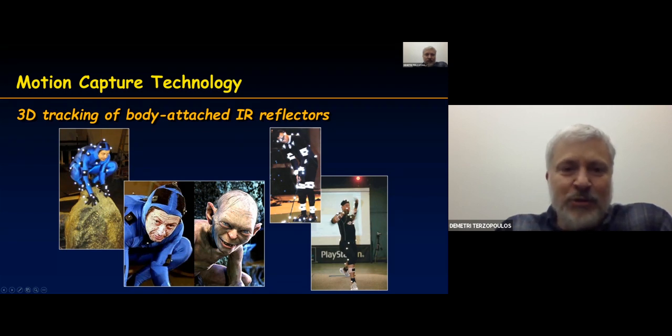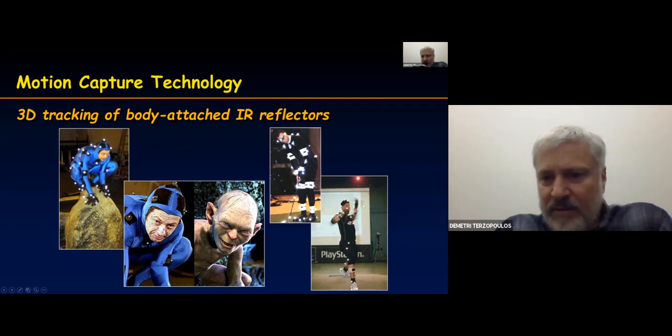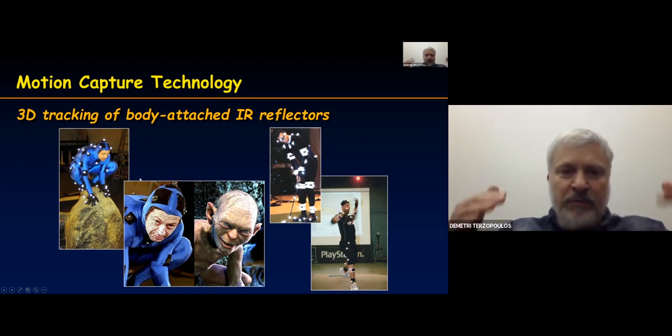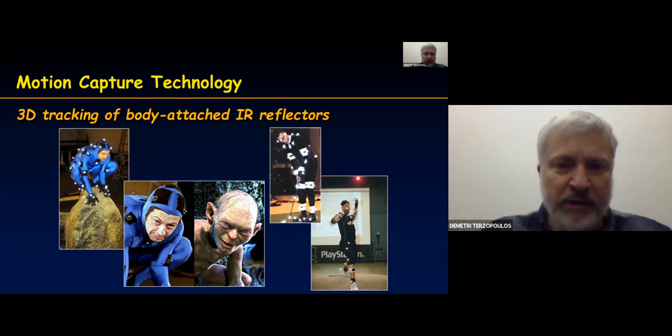The way it's normally done is you have the actor wear a tight bodysuit like this with retroreflective markers normally placed at the joints, and then you have a high-speed camera, with infrared light that bounces off these markers and hits multiple cameras. Through computer vision triangulation, with proper calibration, you can position these markers in three-dimensional space.